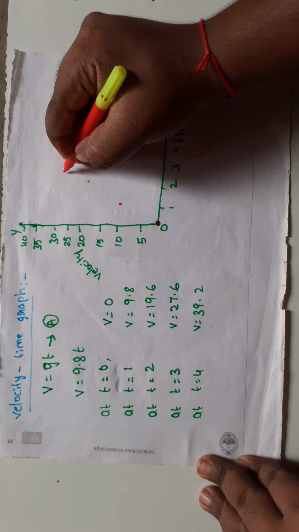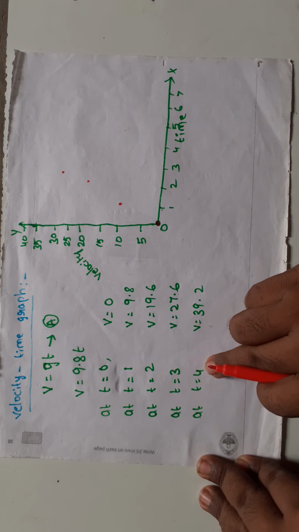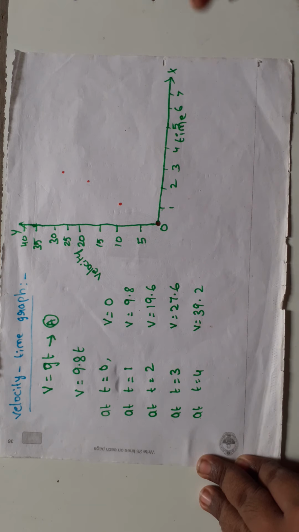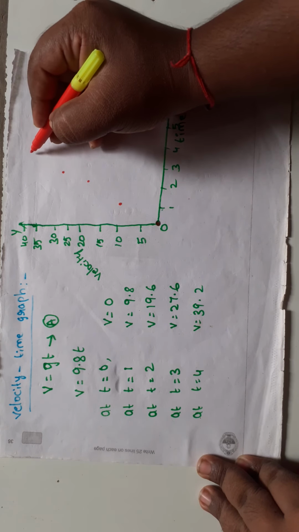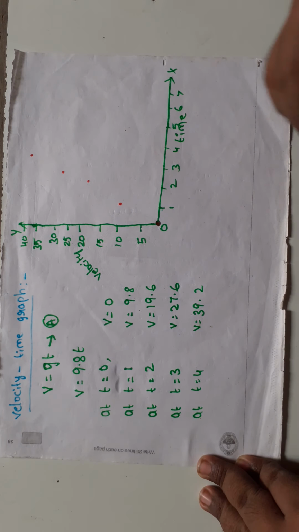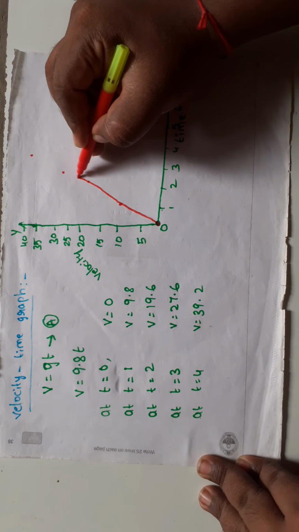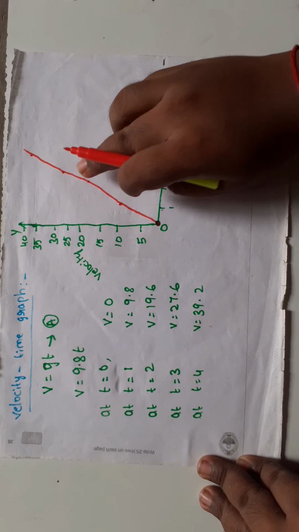At time t equal to 4 seconds, velocity value is 39.2. So I am joining all these points. So the graph is a straight line.